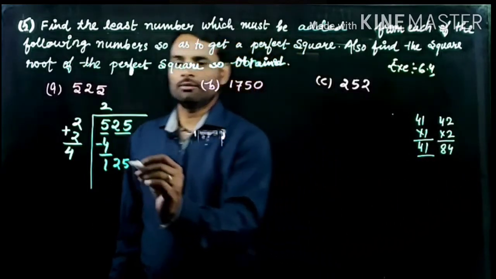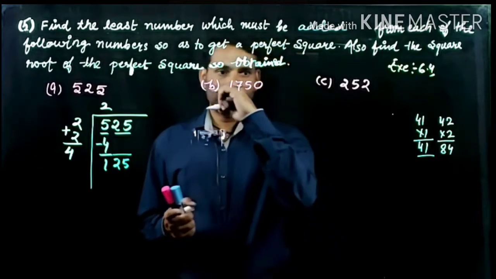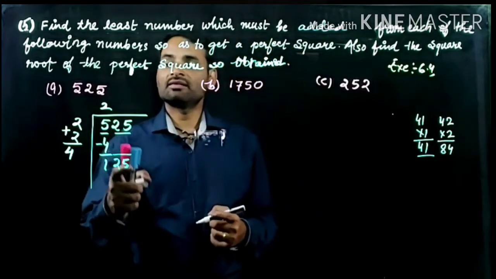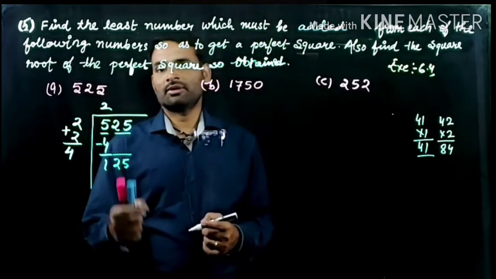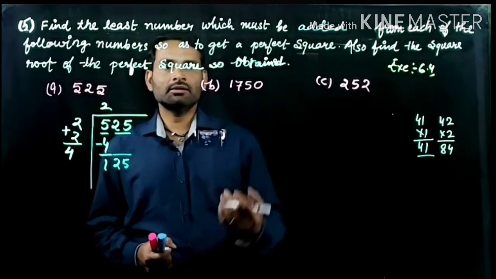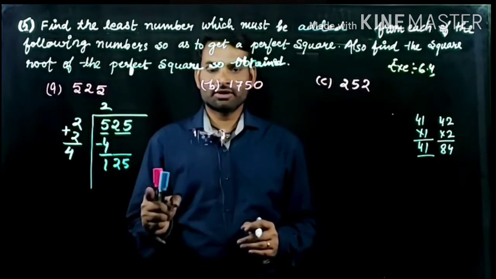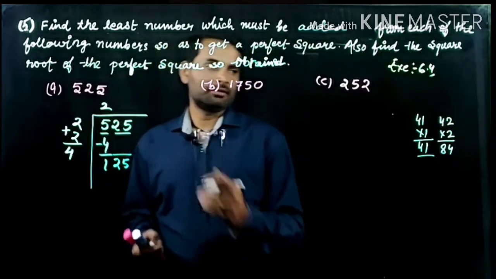And you compare with the number 125. In the previous question you choose the number less than the given number, but here you find the one greater than it, because you are adding, since 525 is not a perfect square and a number will be added.